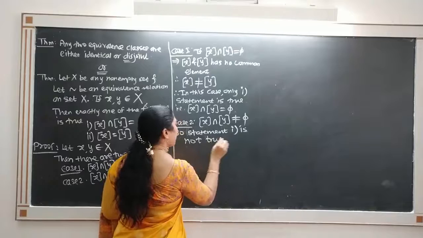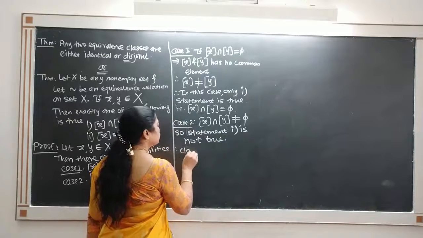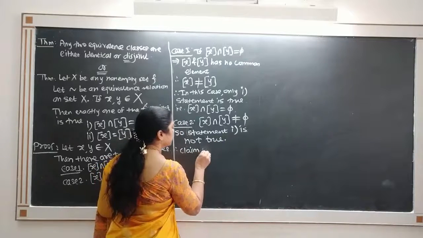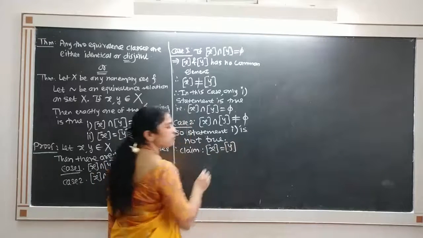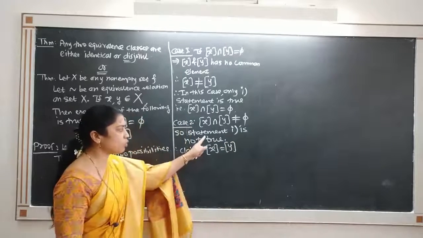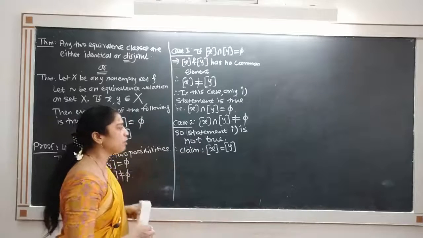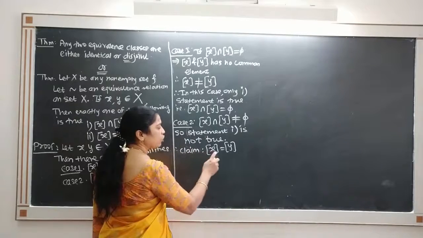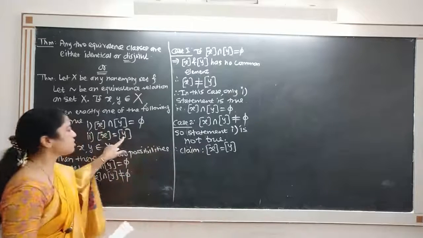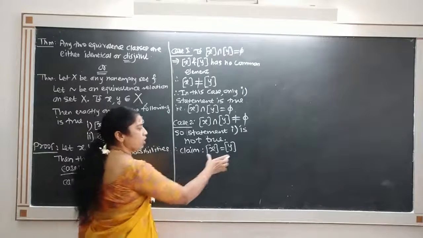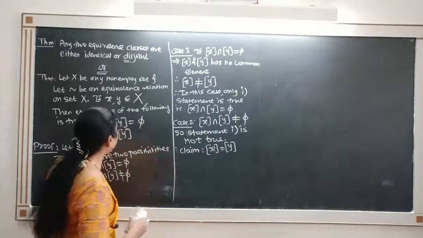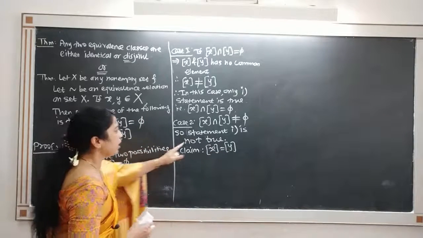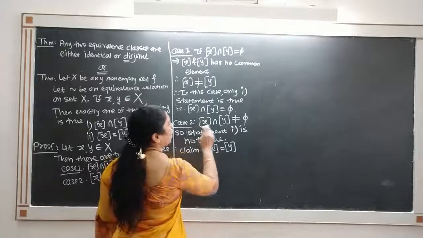We want to prove that the equivalence class of x and the equivalence class of y must be the same. If the first is not true, the second should be true. Statement 2 is the equivalence class of x is equal to the equivalence class of y. Now we want to prove this, and what is given to us? It is given that their intersection is not empty.